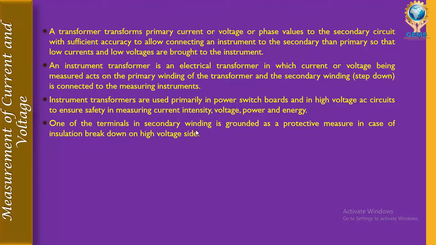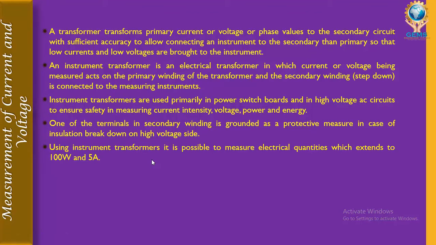So in the secondary winding we will have three terminals. Two terminals will be connected to the instrument which is to be measured, and one terminal will be connected to the ground. It is a protective measure so that any insulation breakdown on the high voltage side is passed to the ground.